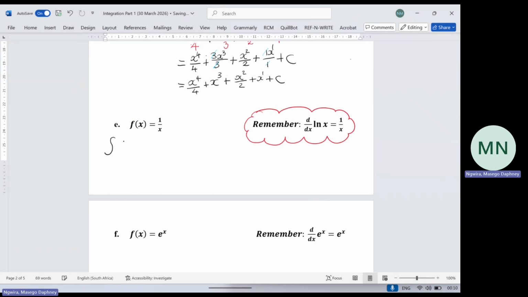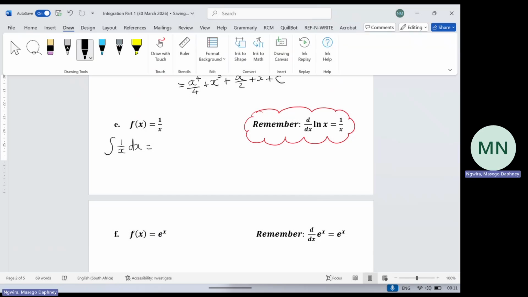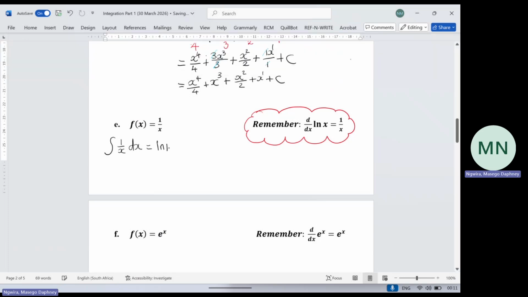So the answer will be ln absolute x and then plus c.